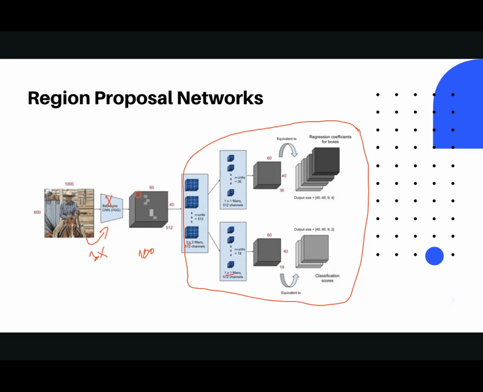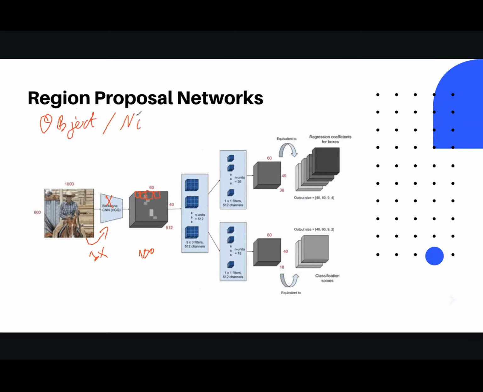Let me replace this like this. So all of this is the classifier. We will be sliding it over this feature map, the convolutional feature map, and trying to predict if there is an object or not. So here the prediction is object or no object.